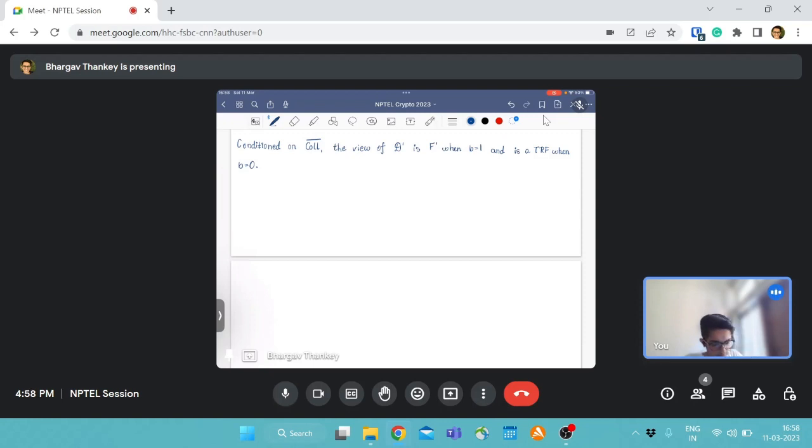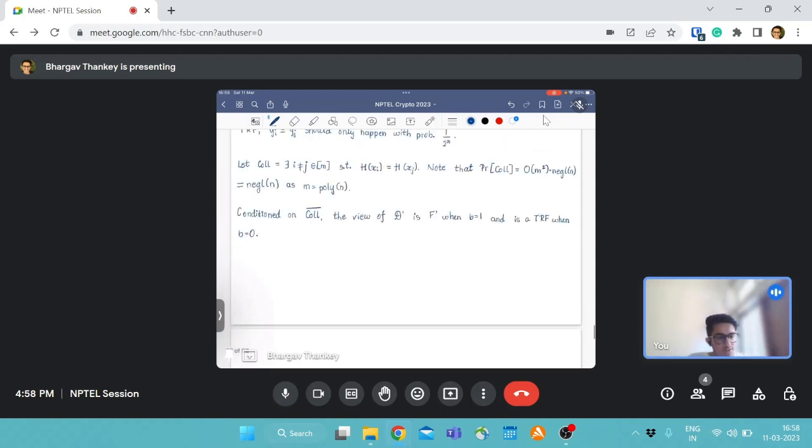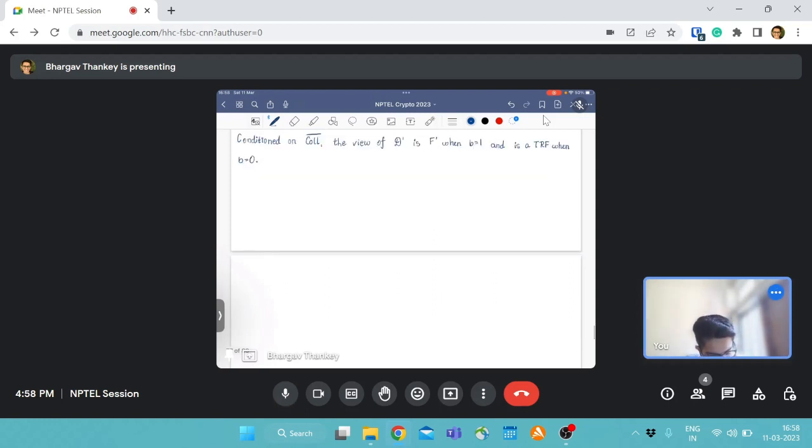Okay, so now let's look at the success probability of D. So what's the success probability of D? It's this, or rather its distinguishing ability.